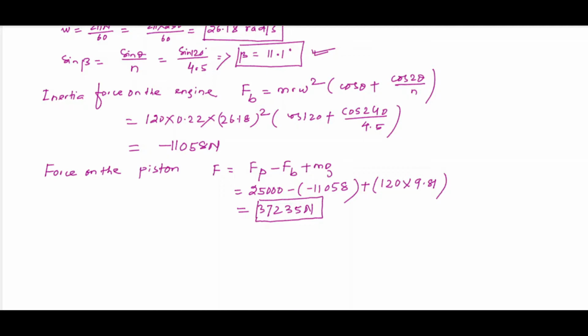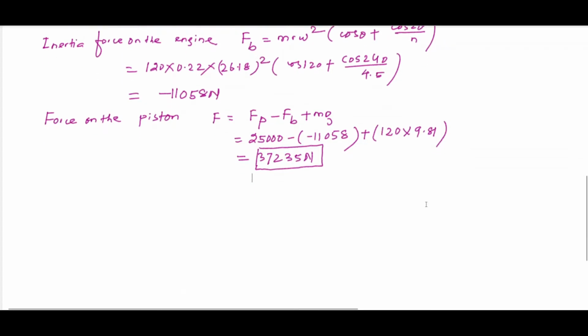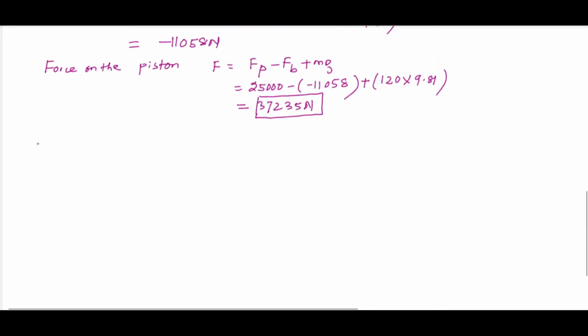Now next is to find out the thrust on the connecting rod. That means which force? Fc, force along the connecting rod, isn't it? And we know this is equal to F by cos beta.